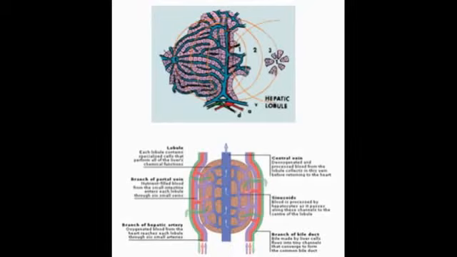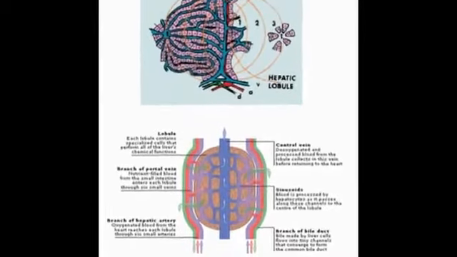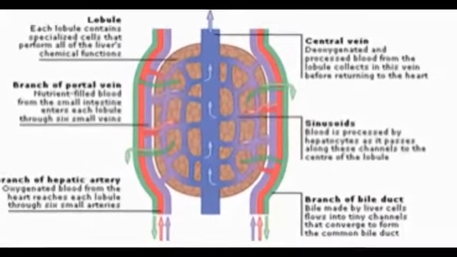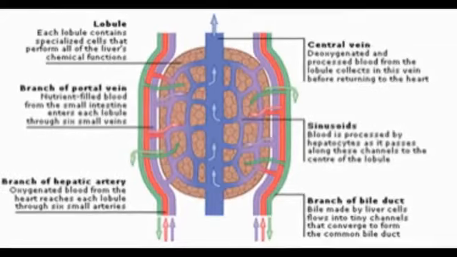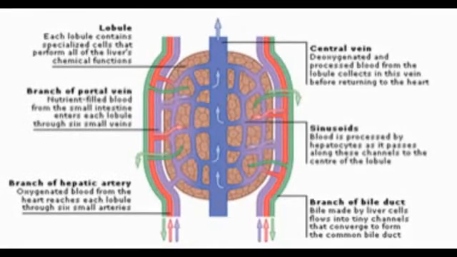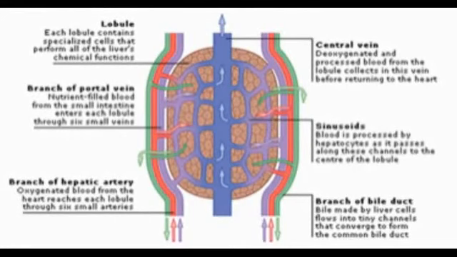On the bottom you see the microscopic view of how actually that exchange happens between the oxygen and non-oxygen blood, and the exchange of nitrogens between two flows inside of the lobula.